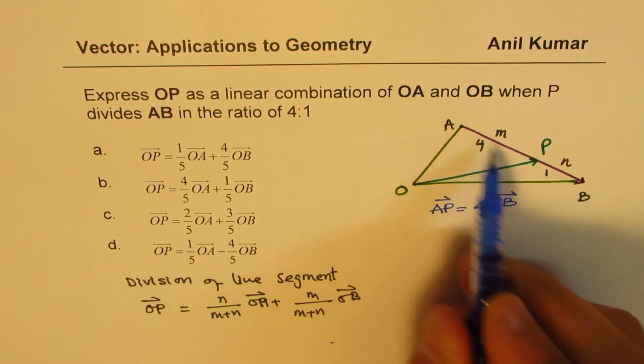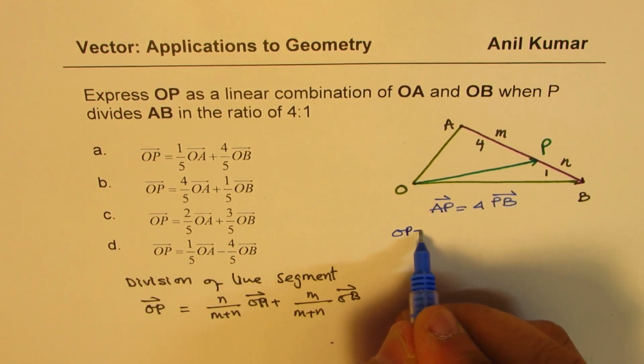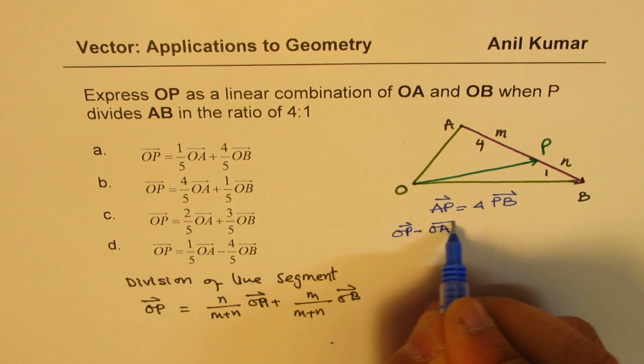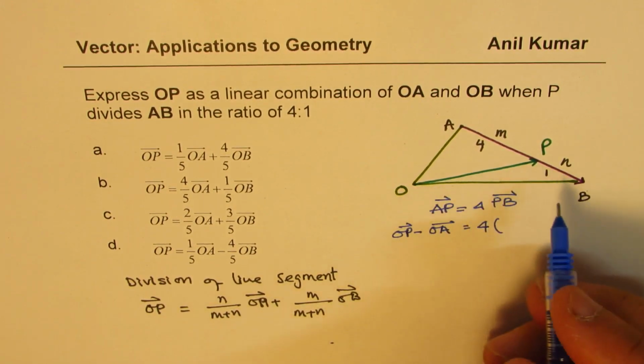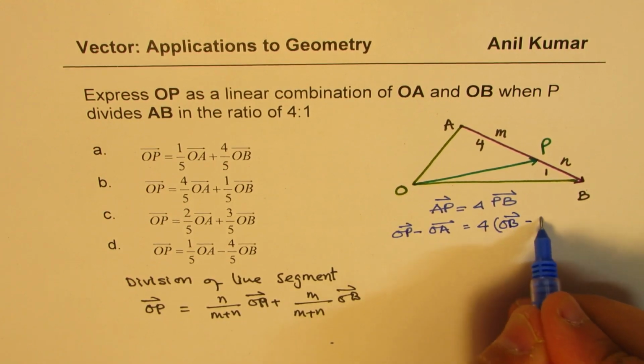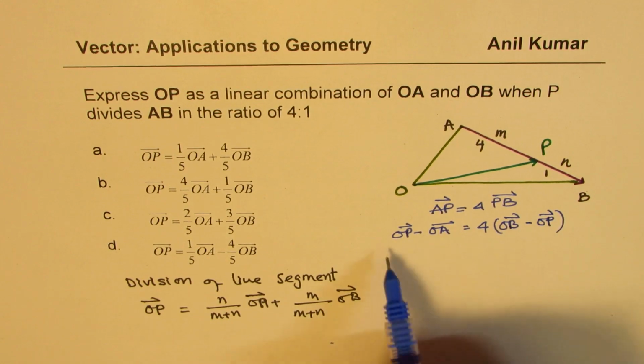Now what is AP? AP is OP minus OA. So we could write this as OP minus OA is equal to 4 times PB, which is OB minus OP. Now we need to isolate OP. Let's bring it here.